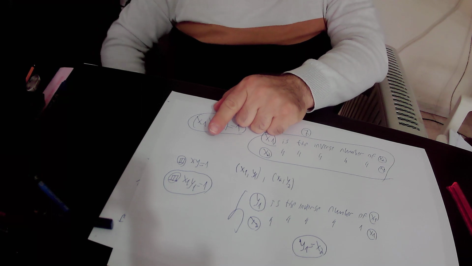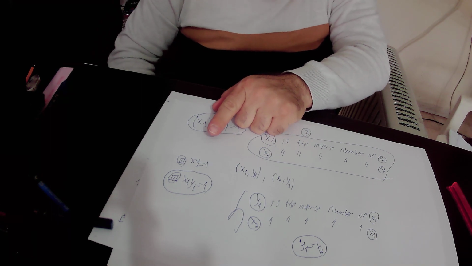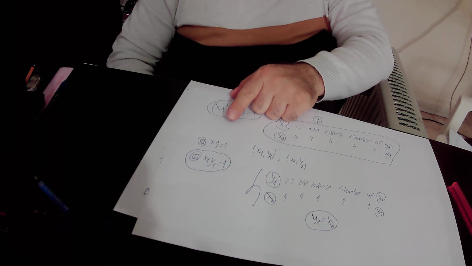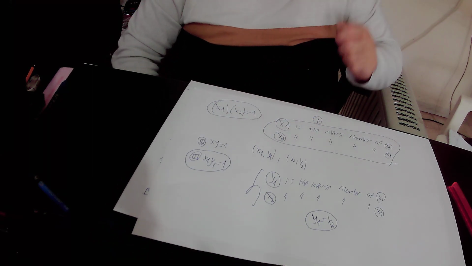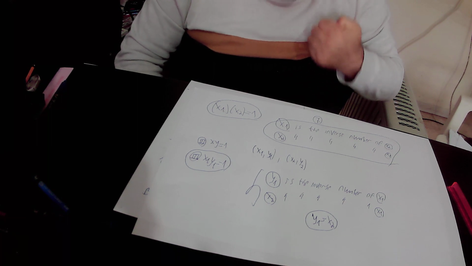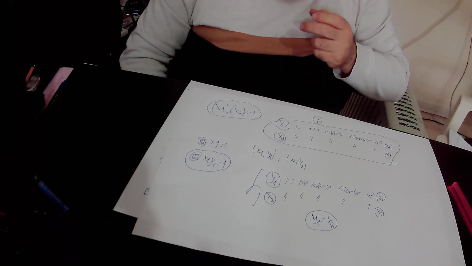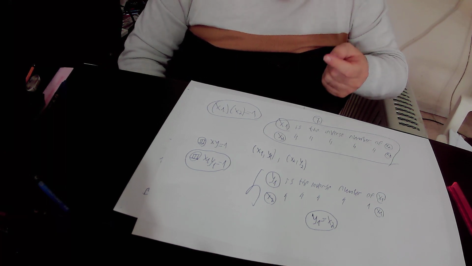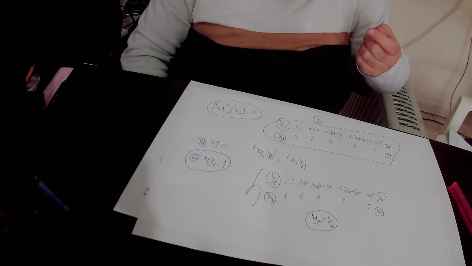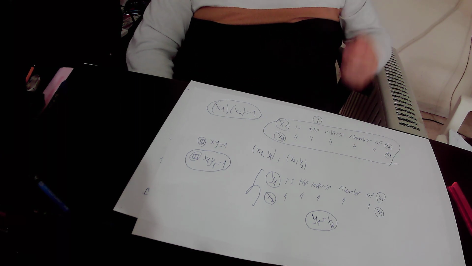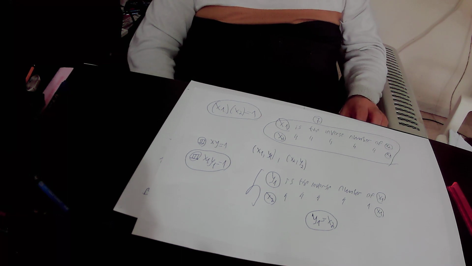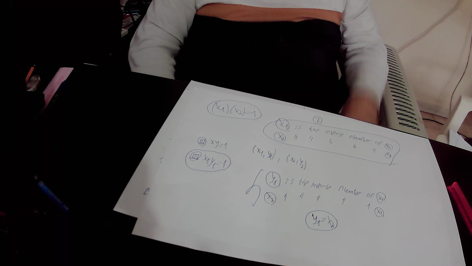So here we put the first solution inside equation number 3. That is to say x equals x1 and y equals y1, and we got that x1 times y1 equals 1. What does it mean that x1 times y1 equals 1? It means that y1 is the inverse number of x1. But we have already found out that x2 is the inverse number of x1. We know that x1 has only one inverse number, according to the rule that every number has only one inverse number.